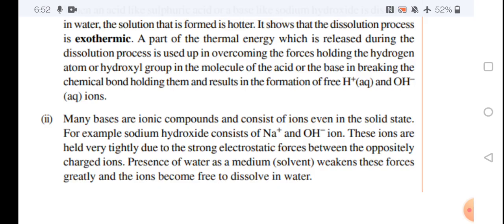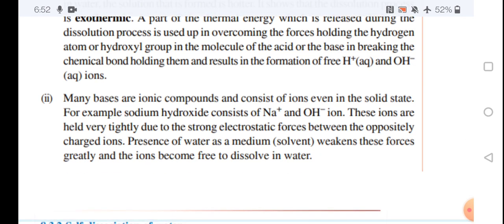Sodium is a cation and hydroxide is an anion, so there is a strong electrostatic force holding them tightly together. In the presence of water or any solvent, the electrostatic force is weakened, so they are separated.